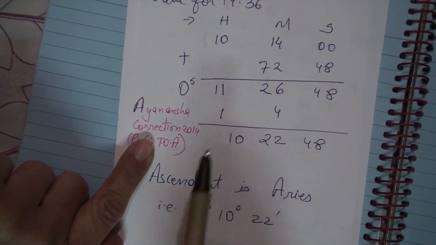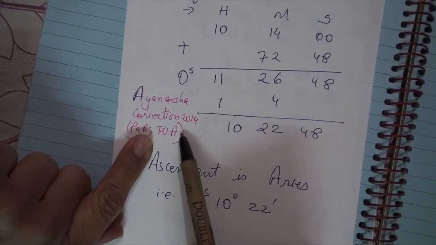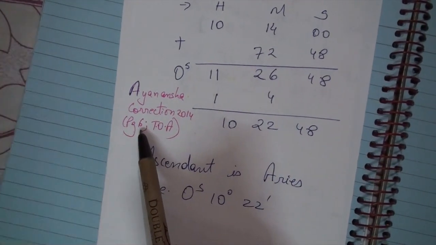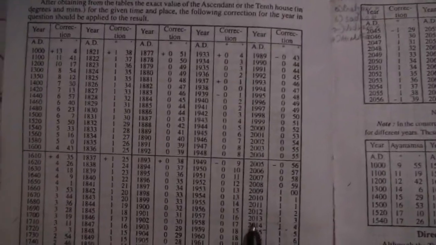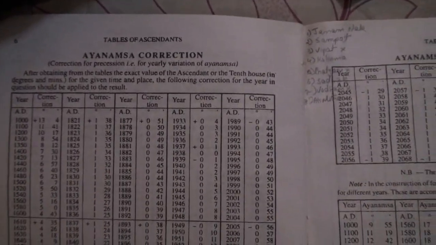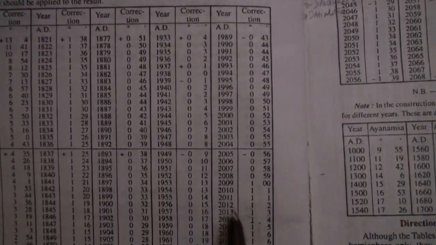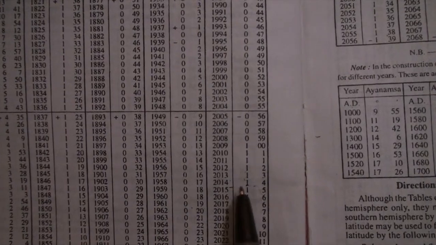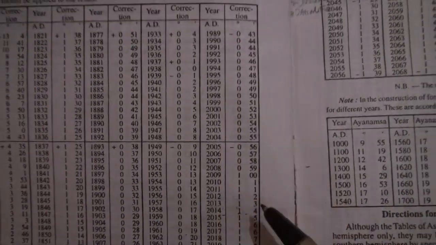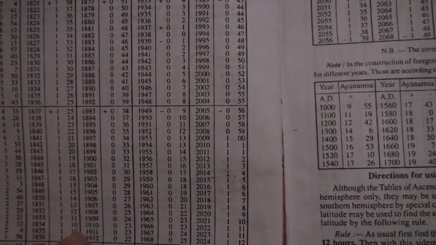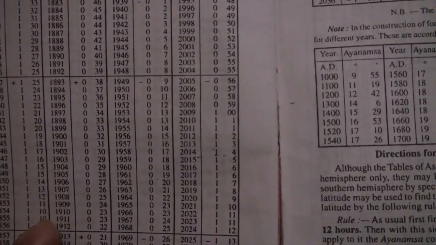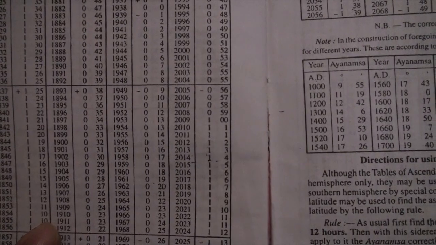From this we make the Ayanamsha correction that you will get on page number 6 of table of ascendants. Go to the year 2014, and you get a minus sign over here, minus 1 degree 4 minutes.